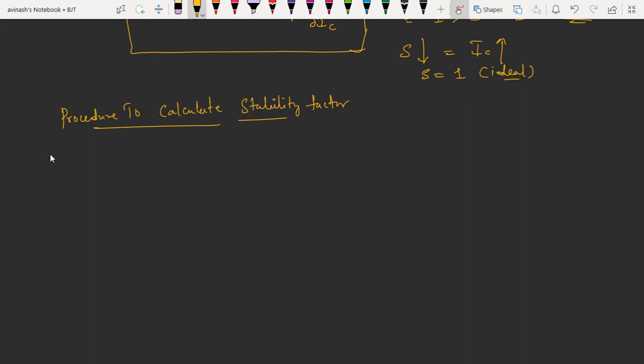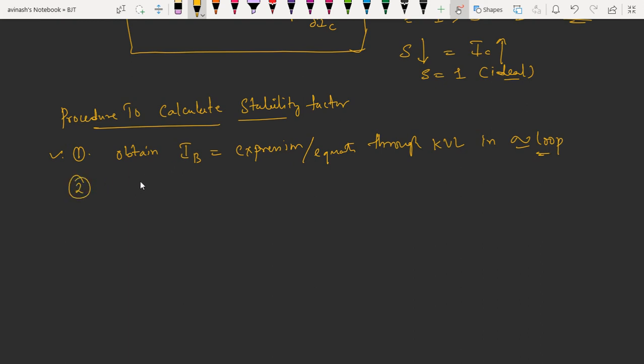Step number 1: obtain the base current IB expression first, through KVL in an appropriate loop. In whatever loop you apply, you can find the value of IB. Step number 2: find dou by dou IC of IB through differentiation.